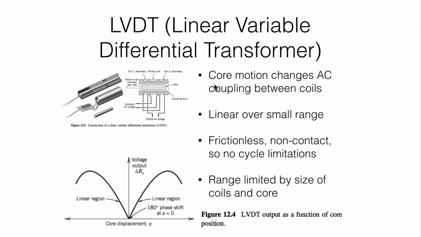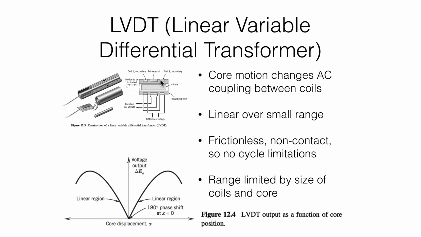So we've got core motion that changes the AC coupling between the coils. It's linear over a small range as long as we stay in here. It's frictionless in that these don't need to actually be in contact, so there could be an air gap in there. And so we don't have any cycle limitations. And the range of position is really limited by the size of the device.